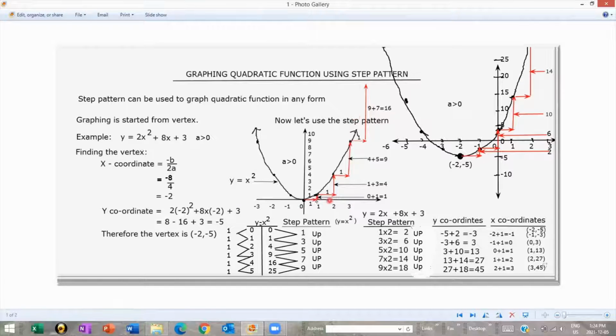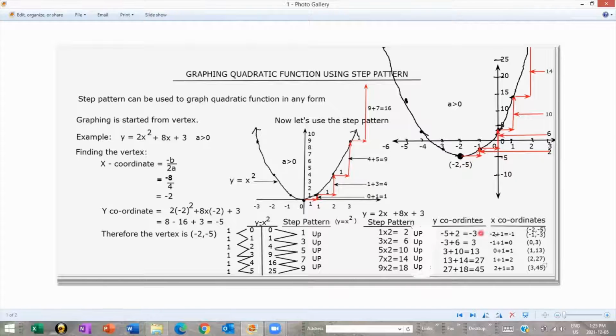In y, you move up by 2 units, 6 units, 10 units, 14 units, and 18 units, like this.